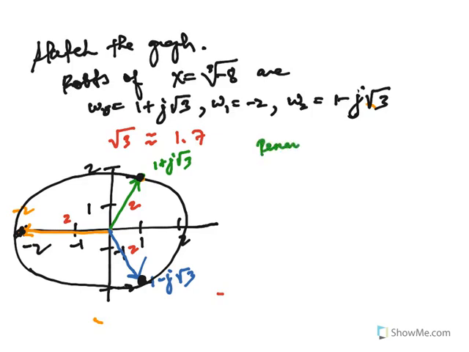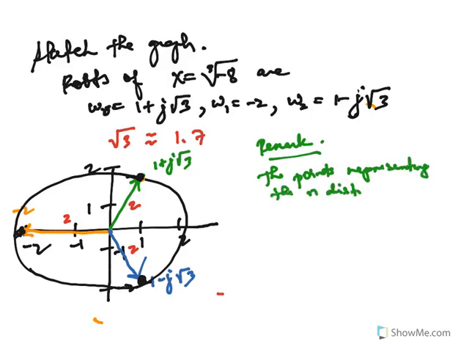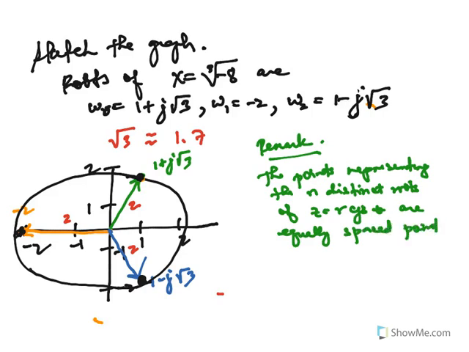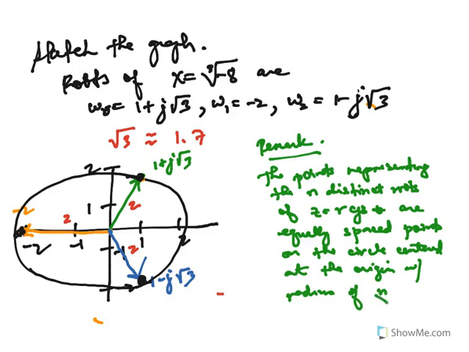Lastly, the points representing the n distinct roots of z equals r cis theta are equally spaced points on the circle centered at the origin with radius of the nth root of r.